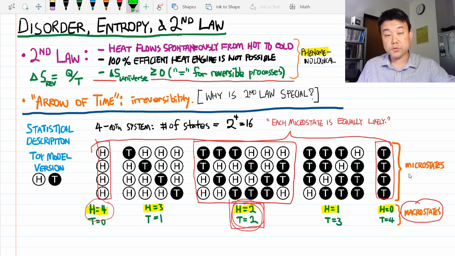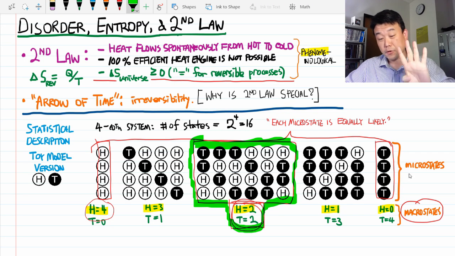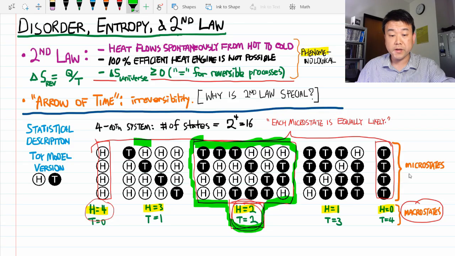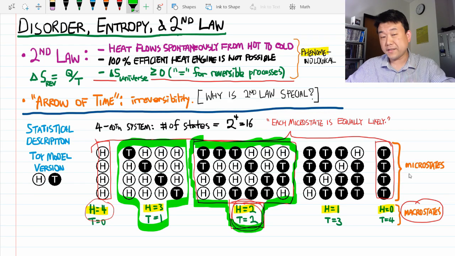This is why if you took 4 coins and flipped them all in the air, it is most likely for you to get 2 heads and 2 tails. Now with only 4 coins, you have a fairly significant probability of getting maybe 3 heads and 1 tail. 4 in 16 chance is nothing to sniff at. Now getting all heads, that is less likely, 1 in 16, but this is what 1 in 16 means.